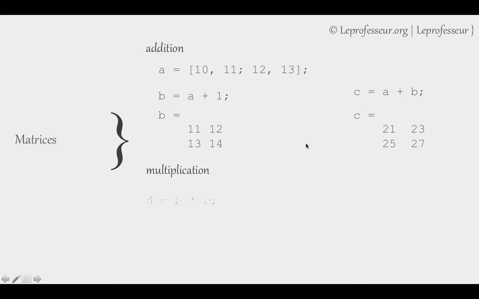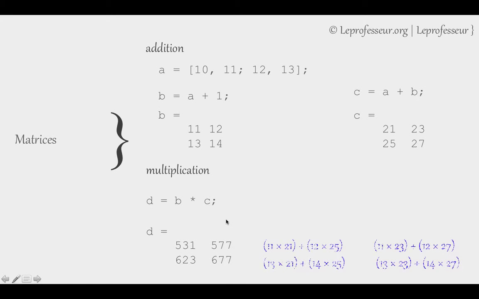In the same way for multiplication, say you want to have D equal to B multiplied by C. You get the result of this matrix multiplication, or you can think of what you would do manually to multiply the matrix B with C. So 11 multiplied by 21 plus 12 multiplied by 25 becomes the first row and first column of your D matrix.